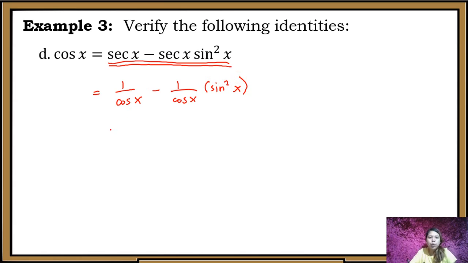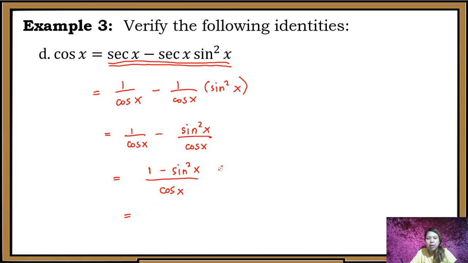So this will become 1 over cos x minus sine squared x over cos x, because you multiply this. Combine the two fractions. The LCD is cos x. Cos x divided by cos x is 1 times 1, that's 1. Cos x divided by cos x, that's sine squared x.